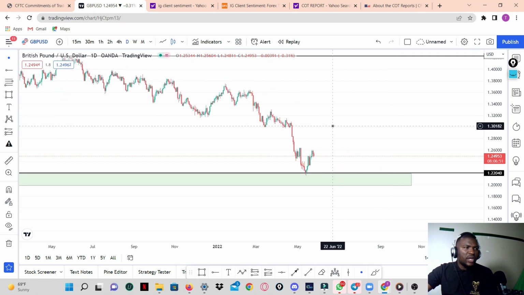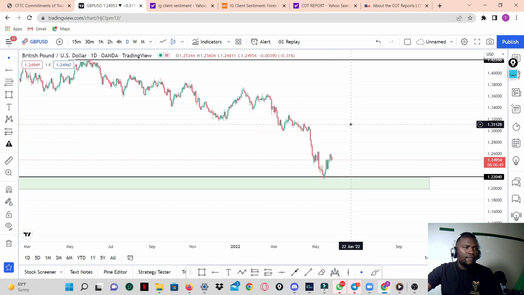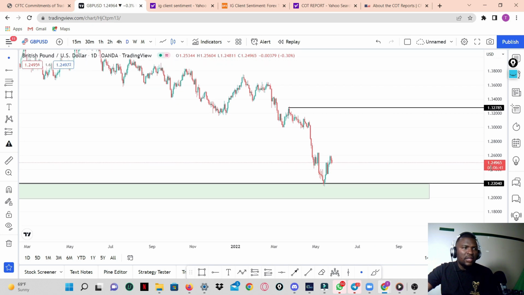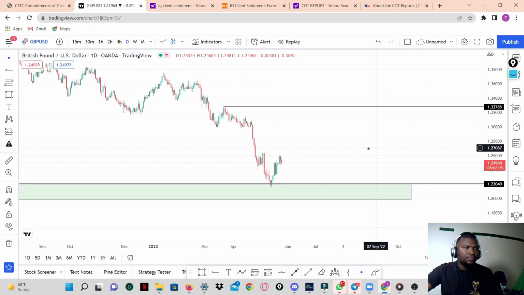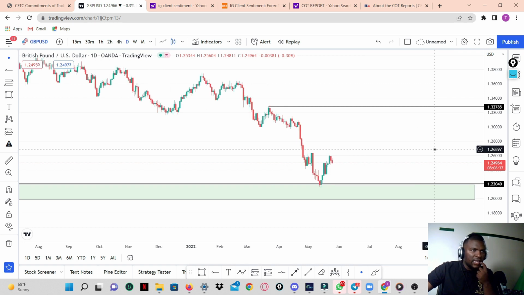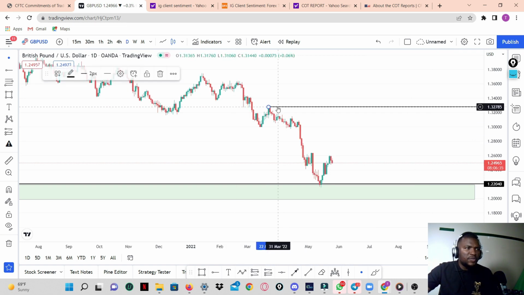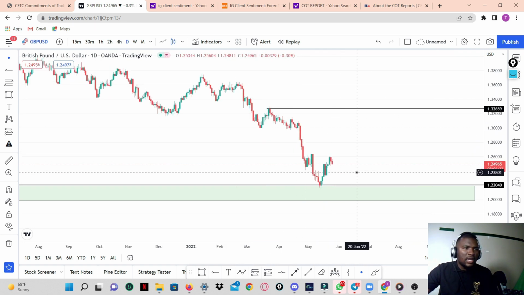So when we check right there with the daily time frame, we have another zone right there. So I'm going to be marking my nearest zones. So we have the beautiful pattern that is printed right there for us for GBP USD.